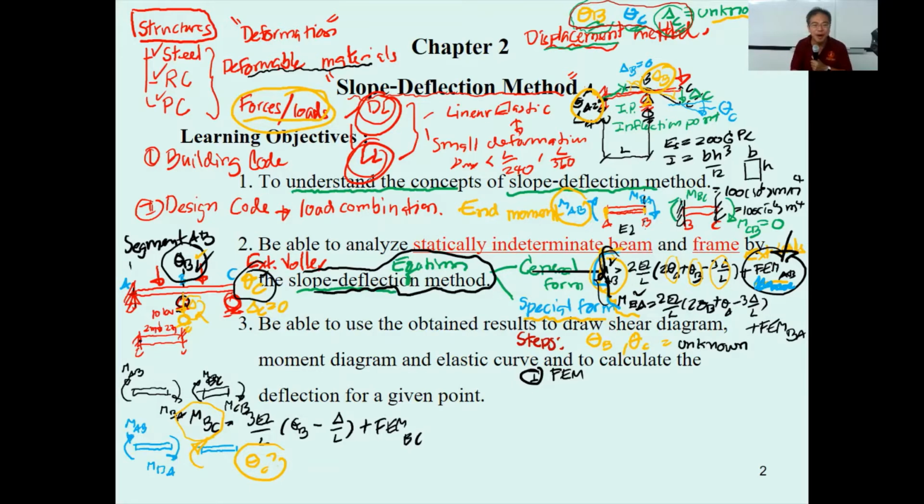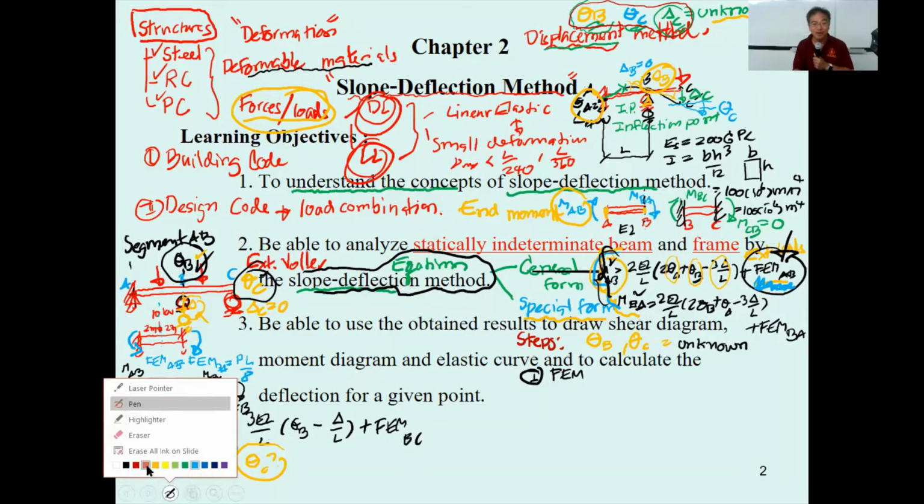You must remember that for this one, you will have the fixed end moment, and this one going to be fixed end moment AB. And since this beam portion is symmetric, fixed end moment AB will be equal to fixed end moment BA, and it's going to be determined from PL over, if I may be correct, PL over 8. Okay, that means you will find a fixed end moment.